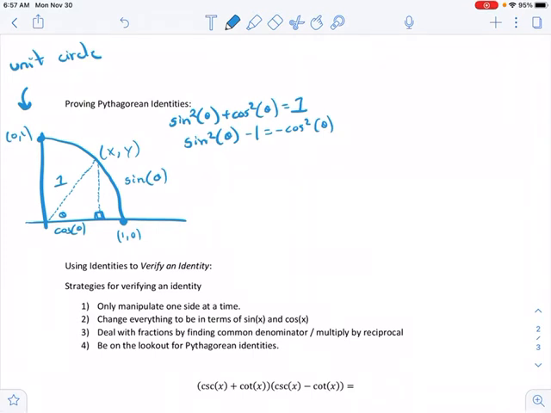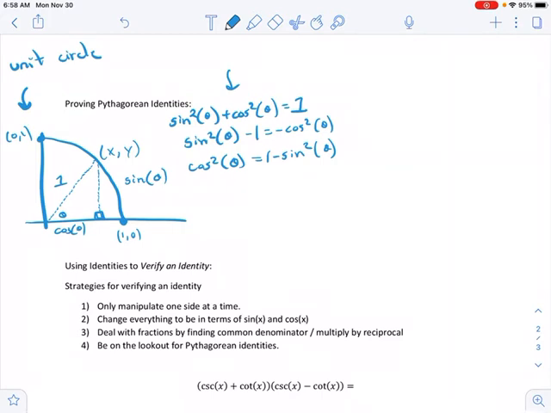I end up with this. And there are other ways to manipulate it, obviously, too. So cosine squared theta equals 1 minus sine squared theta. Okay, any simple change from this initial one is going to end up giving me 4 or 5 other ones that I need to just at least be mindful of.